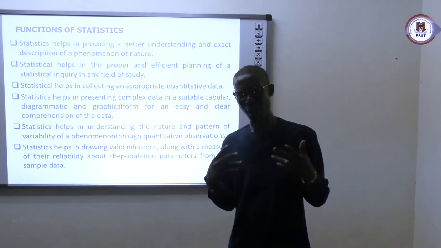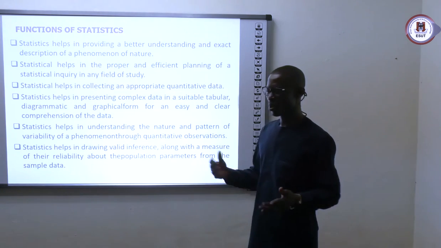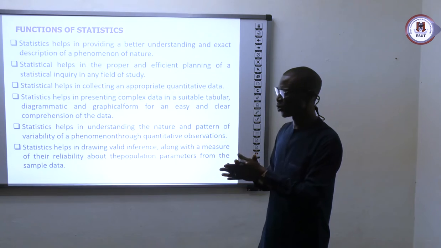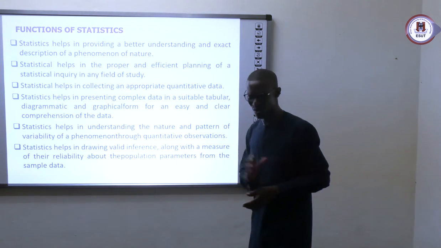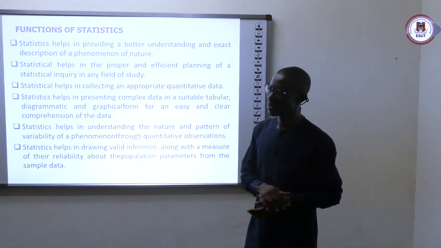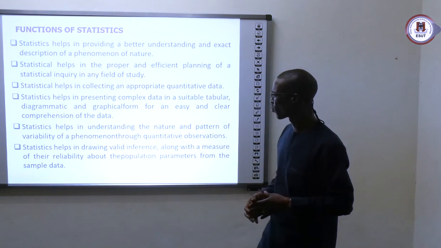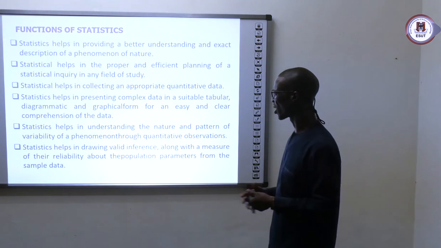But once you apply statistical method to them, they are easy to present. There is some information that you cannot process by glance of looking at it like that. But if you apply some statistical method, it will be easy for people to understand at a glance. So statistics helps us to process and present complex data into a suitable detail.